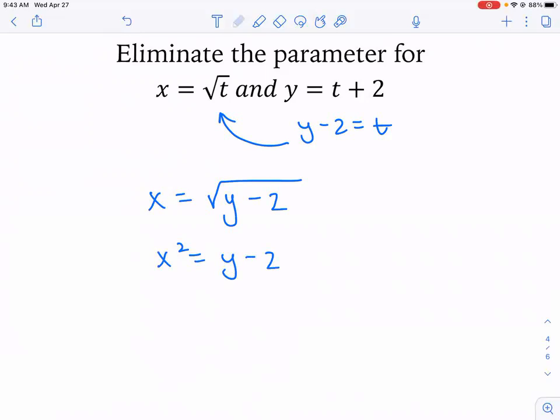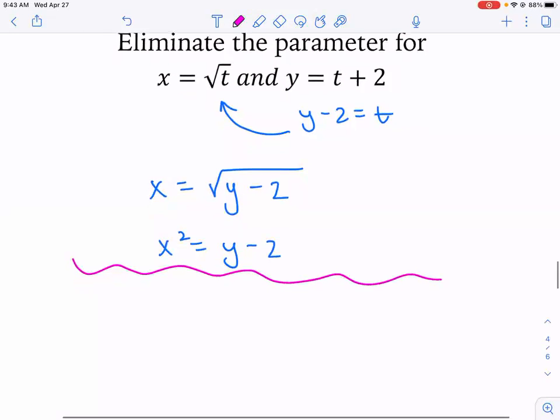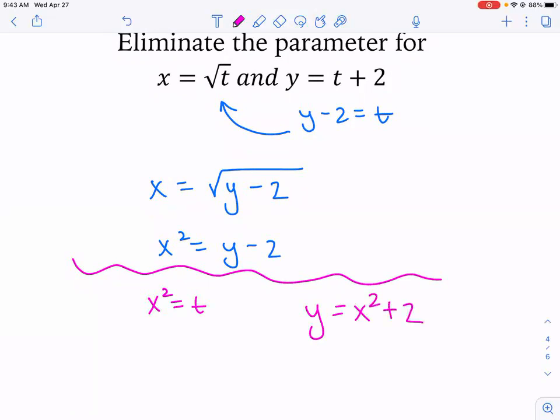Okay, let's do it the other way. x squared equals t. So y equals x squared plus 2. That probably was easier. Hey, both ways we get y equals x squared plus 2.